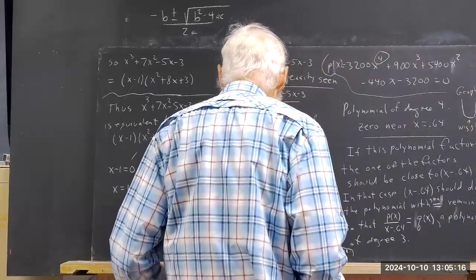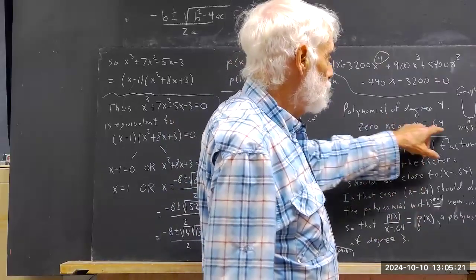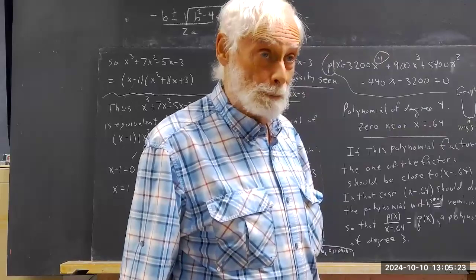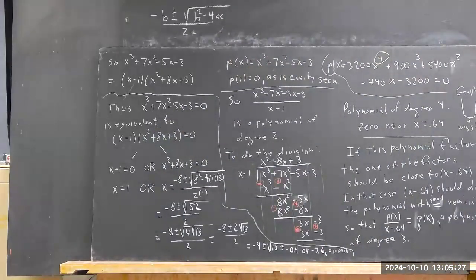I'm pretty sure, I'm very sure that there's going to be a wiggle somewhere, there's a 0 somewhere close to x equals 0.64. I could tell that just by looking at what angle this thing has to be for the thing to go to the cup. That's what that thing is, cup.